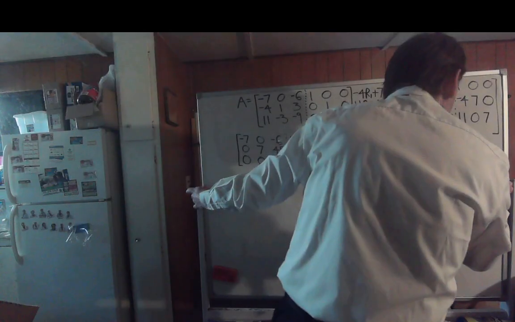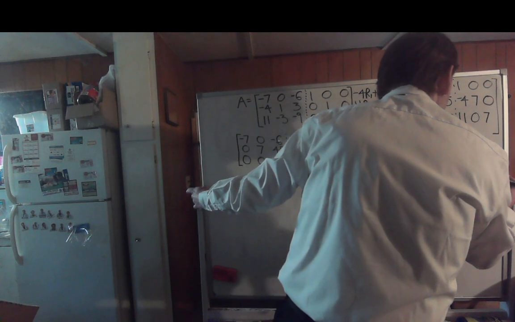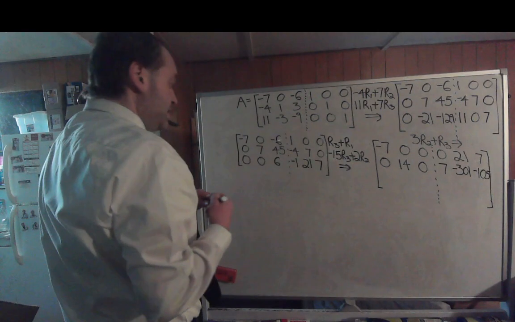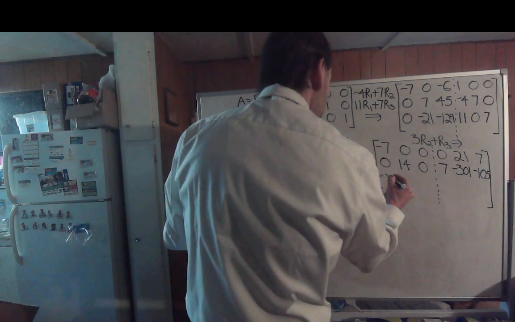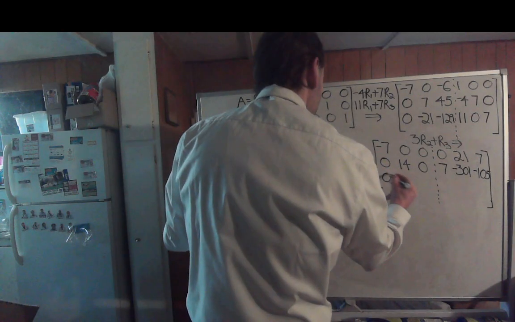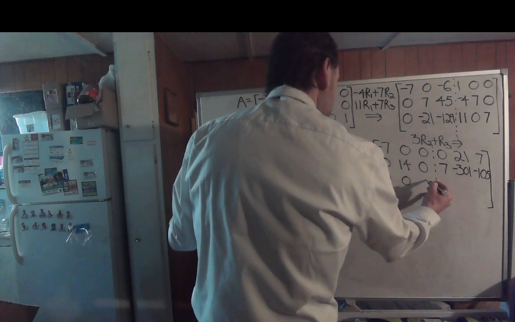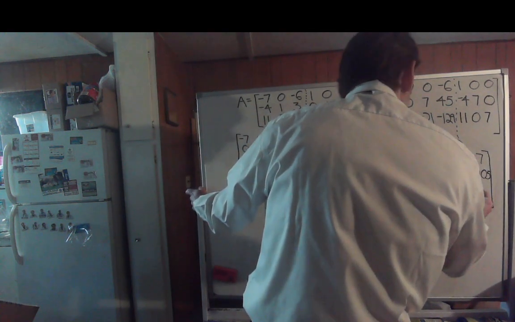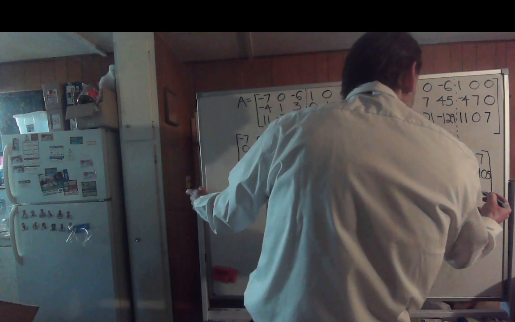You just get negative 105. And then row 3, you still have 0, 0, and 6. And then everything to the right there. Okay.